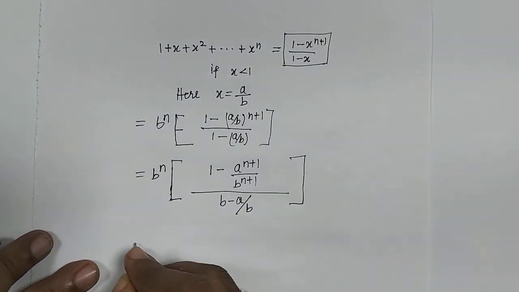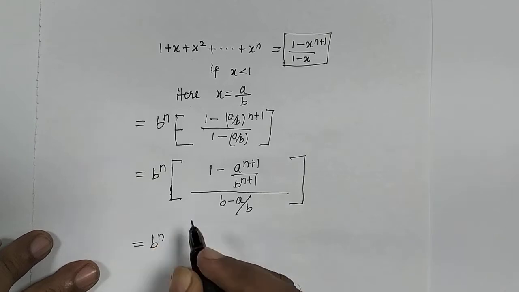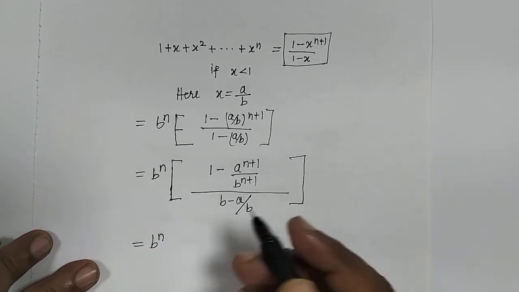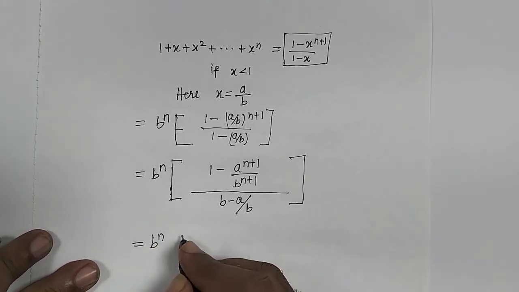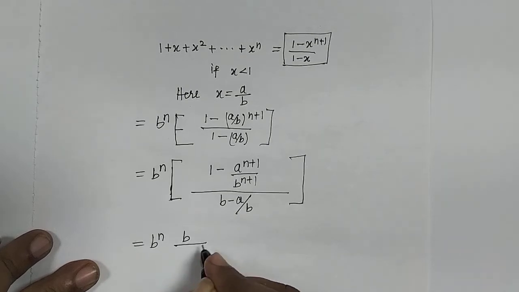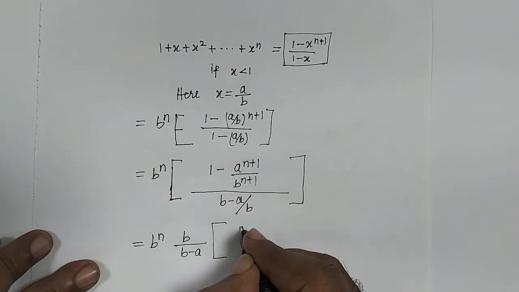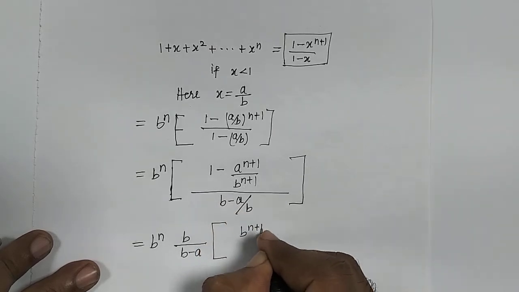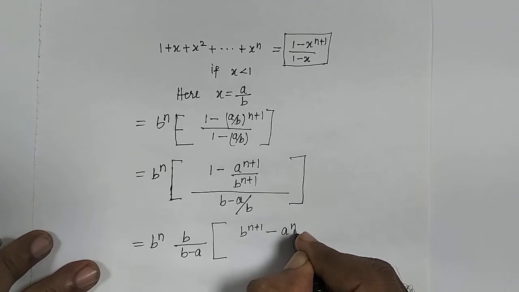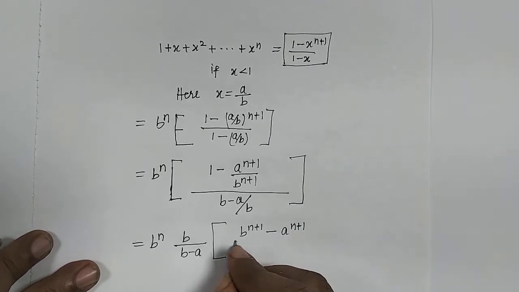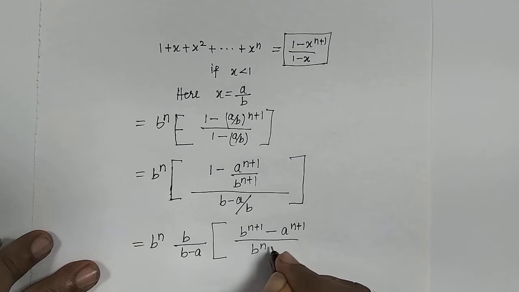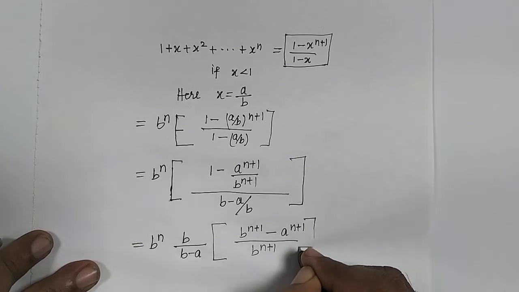So I am writing b power n, b minus a divided by b, you can shift to the numerator, you will get b divided by b minus a. And here I am again cross multiplying the term, b power n plus 1 minus a power n plus 1 divided by b power n plus 1.